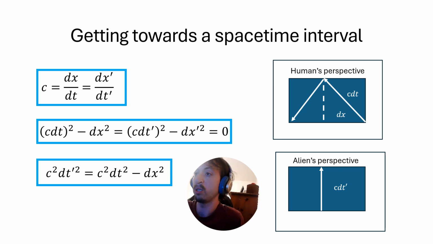We see this, for example, in muons taking much longer to decay than we think they should, and that's related to the fact that muons are moving at a very, very fast speed relative to us, and the effect really kicks in as the velocity of the moving observer approaches the speed of light. And we should see that time dilation depends not just on dx, which relates to the velocity of the moving observer, but also on the value of the speed of light, thanks to our equality of the space-time interval here, because this equality explicitly involves the speed of light.